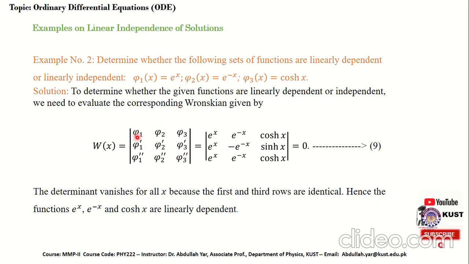Now, if we substitute the values of phi 1, phi 2 and phi 3 in this determinant and evaluate their corresponding first order and second order derivatives, then we obtain the relation for the determinant of these functions. Now, this determinant is 0 because the first row and the third row are identical, which shows that the functions e power x, e power minus x and cosine hyperbolic x are linearly dependent.